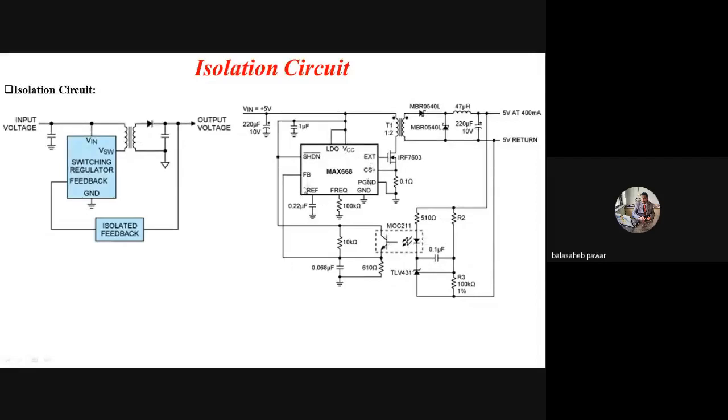Okay. The circuitry mostly operates on a very low voltage, and that's why there is a need to provide the isolation. Otherwise, if there is direct contact between that large output voltage and that switching element, there is a chance that the switching element may get damaged whenever some spikes occur in the output voltage. That's why there is a need for this isolation circuit.